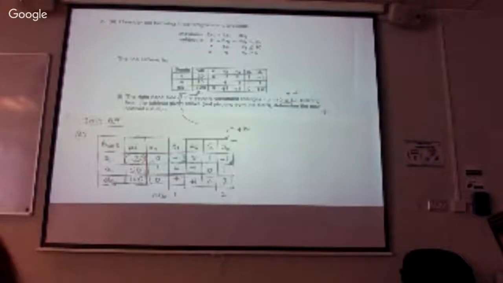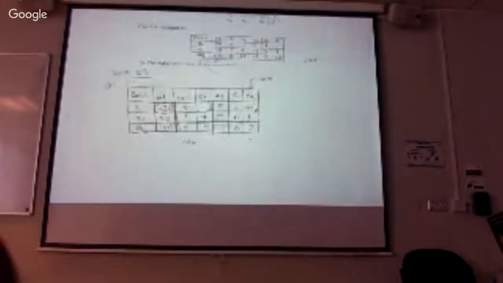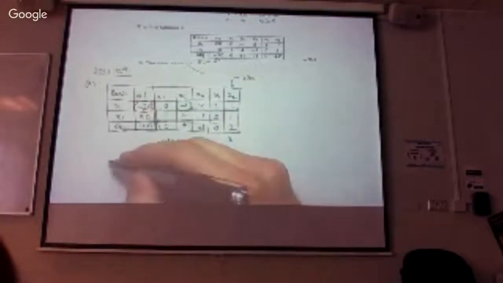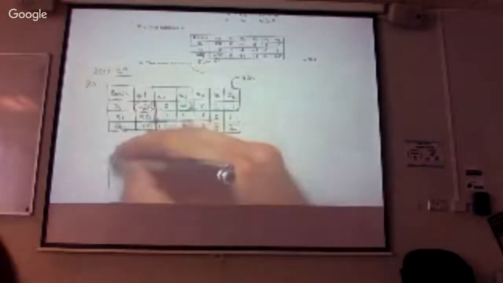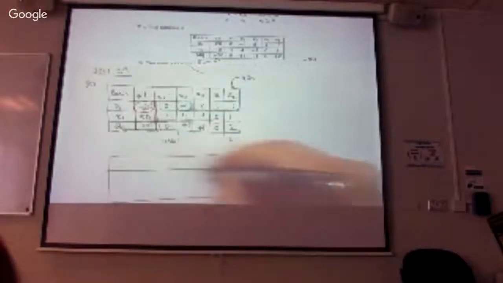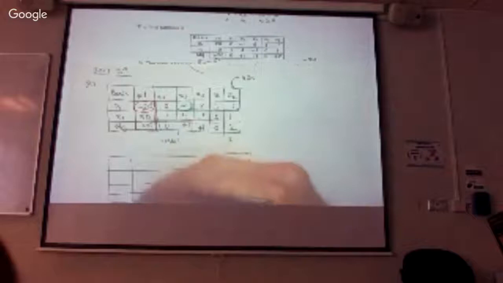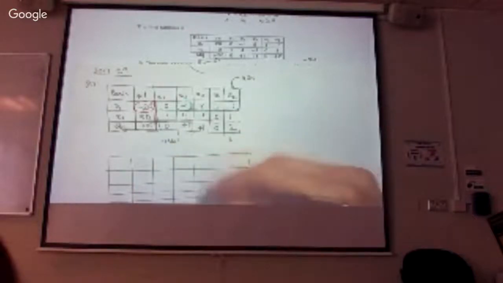And the pivot step, even though it's called a dual pivot step, is just exactly the same as normal.